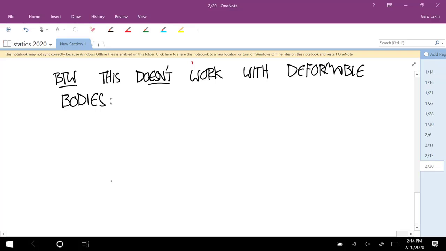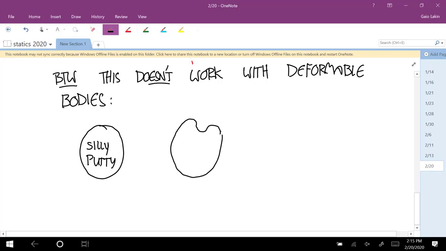So say that you have an object. So you start with this blob of, you know, silly putty. If you apply a force to it up here, it would do that.